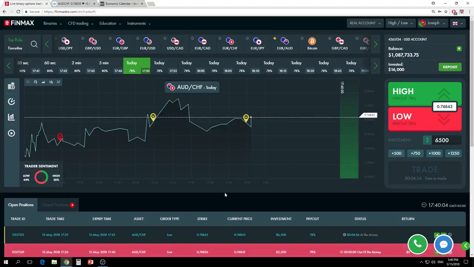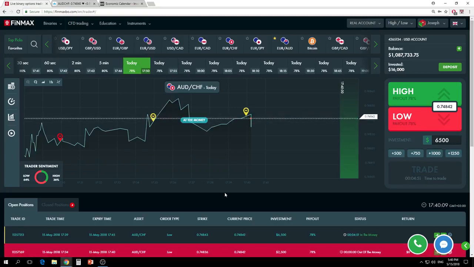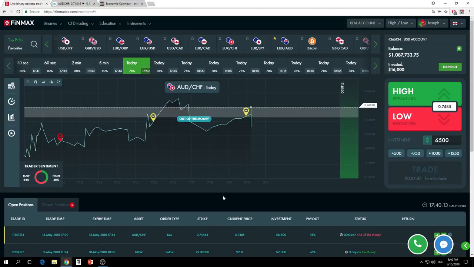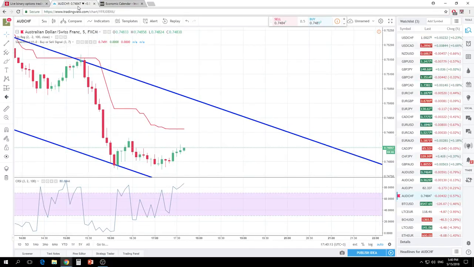We have opened a recovery trade again on Australian dollar. It is the second step for us, and the previous trade again finished out of money.